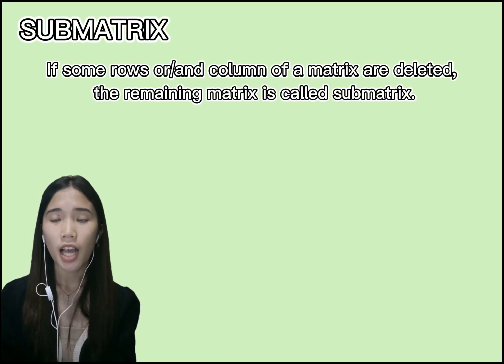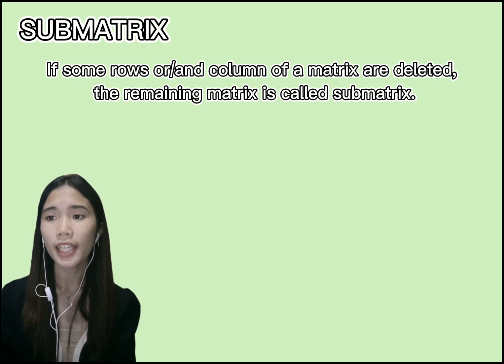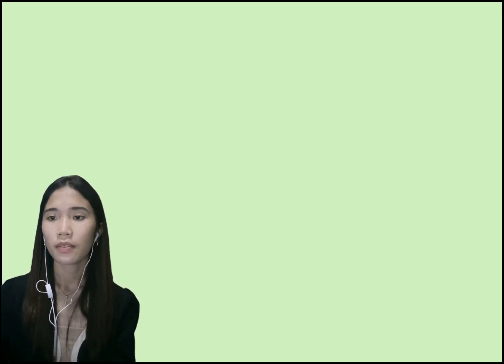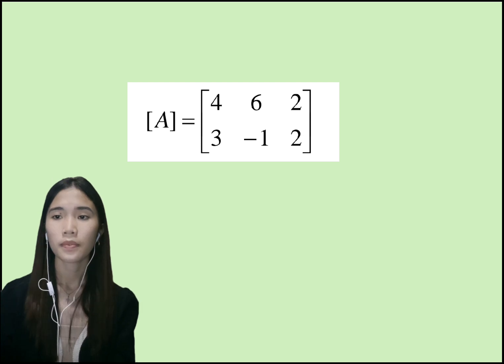Next special type of matrix is submatrix. If some rows or columns of a matrix are deleted, the remaining matrix is called a submatrix of A. This is the example of submatrix.